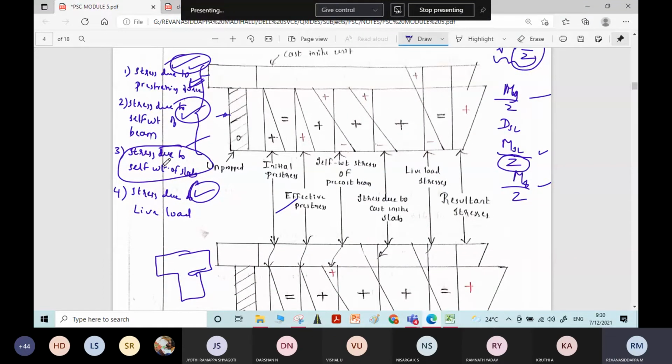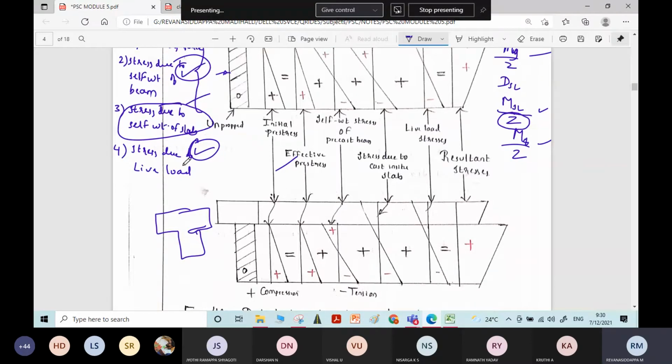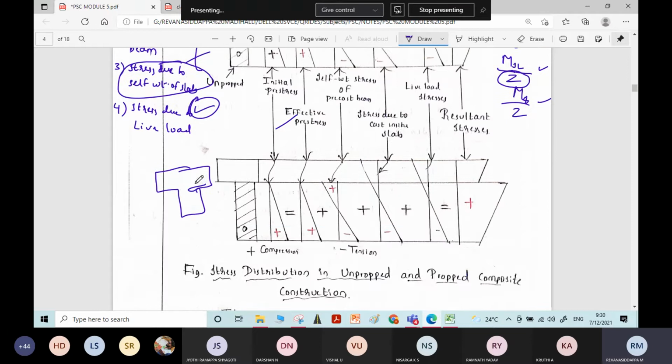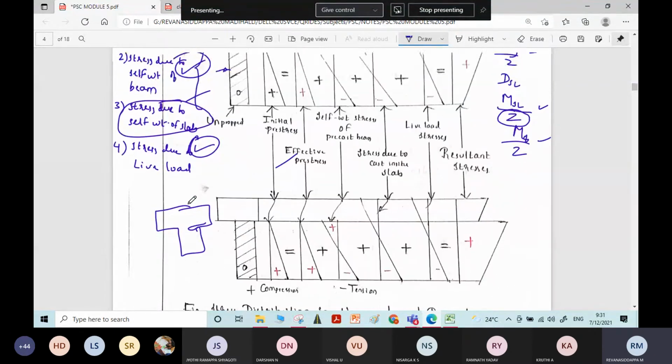Only in the third step, while calculating section modulus, in the first case we will take the section modulus of only the beam. Here, you will take the section modulus of the full T section, because in case of propped construction, it will act as a whole. That is why the full section modulus will be considered while analyzing the stresses due to the self weight of the slab.